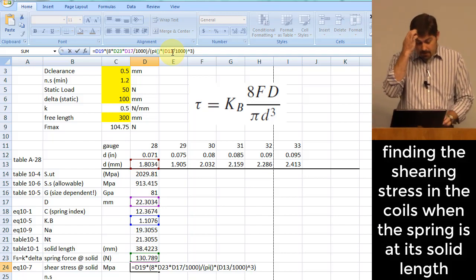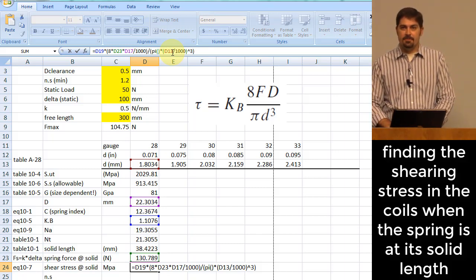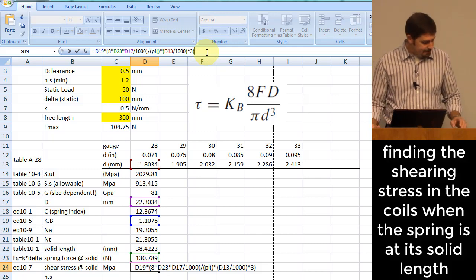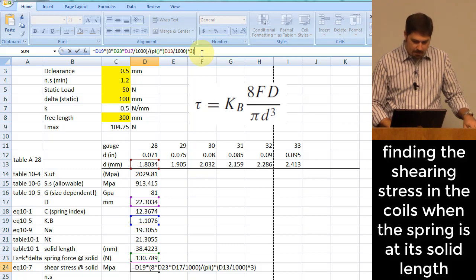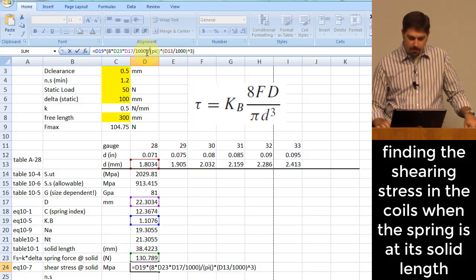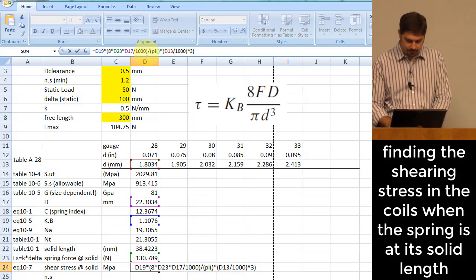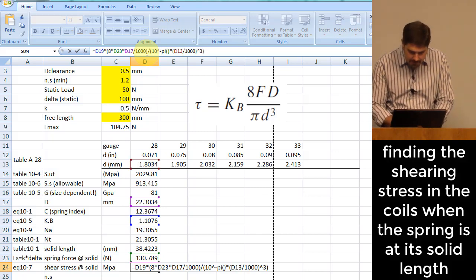Again, that's going to come out in pascals if I don't do anything different. What should I do if I want to get this into megapascals? I might want to put a times 10 to the negative 6 in the denominator.